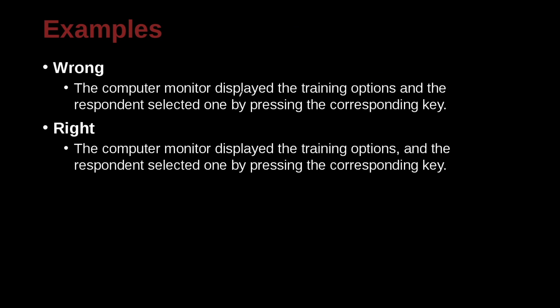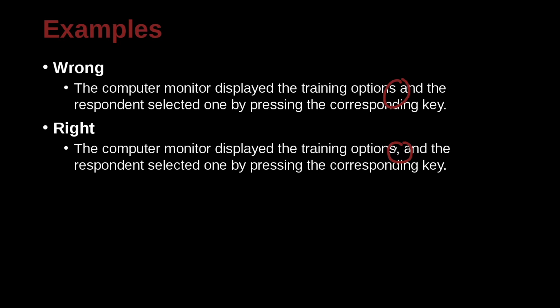The computer monitor displayed the training options and the respondent selected one by pressing the corresponding key. Here we have a comma, and here we have no comma. So which one is correct?